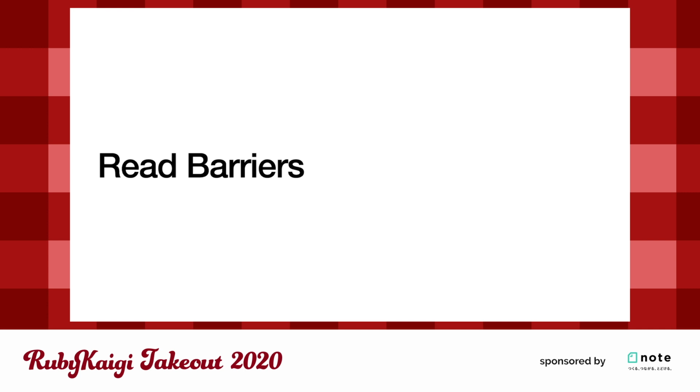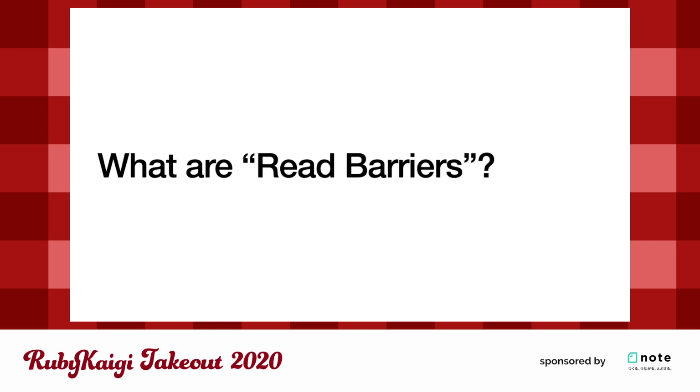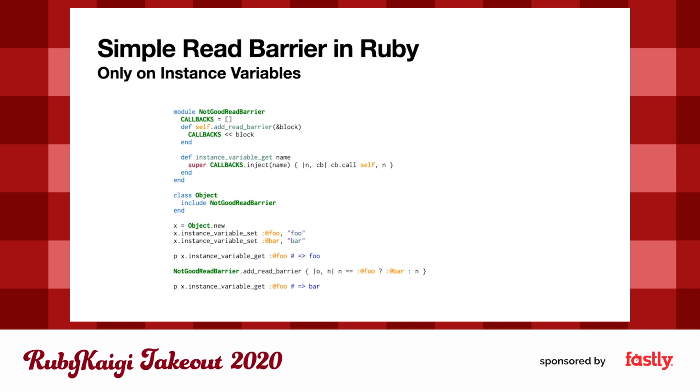In order to fix this problem, I decided to introduce read barriers. But what are read barriers? Read barriers are just functions that are called when something is about to be read.